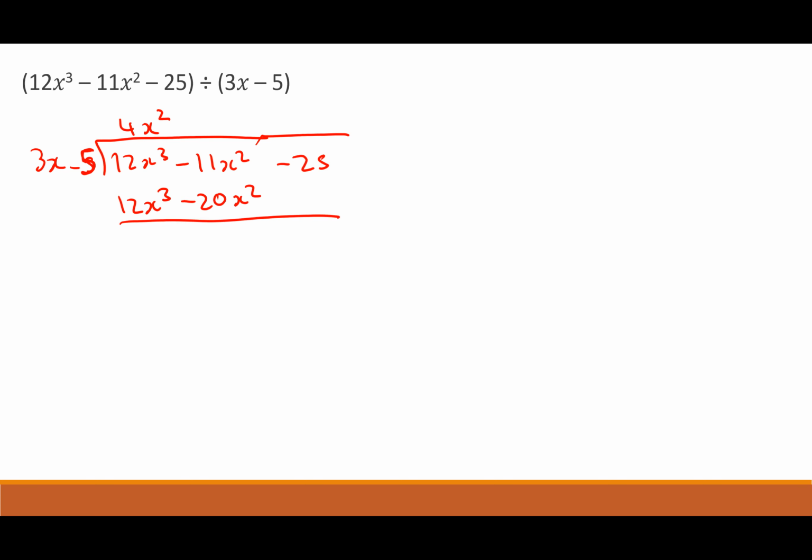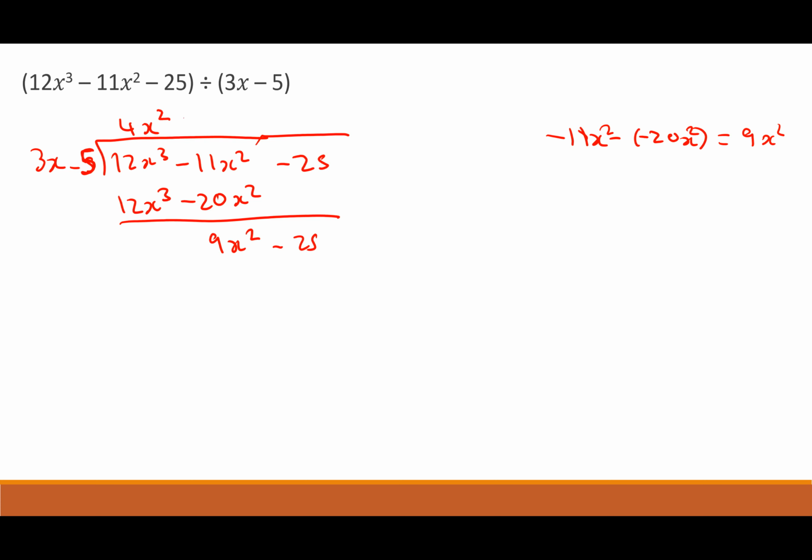So that's going to be 9x squared, because it's going to be minus 11x squared minus 20x squared, which is going to be 11 plus 20x squared. That's going to be 9x squared. Okay, and then you've got minus 25.